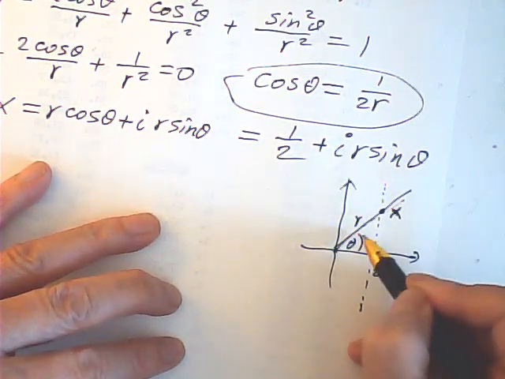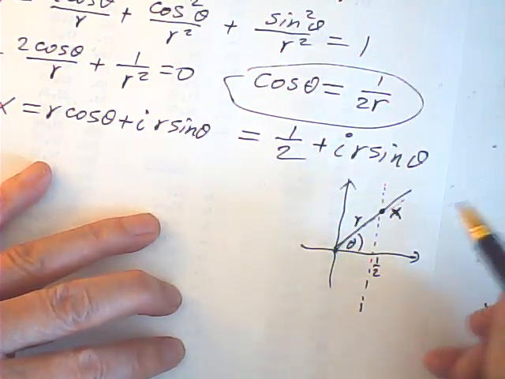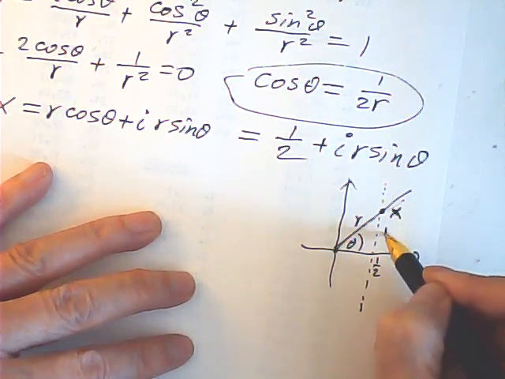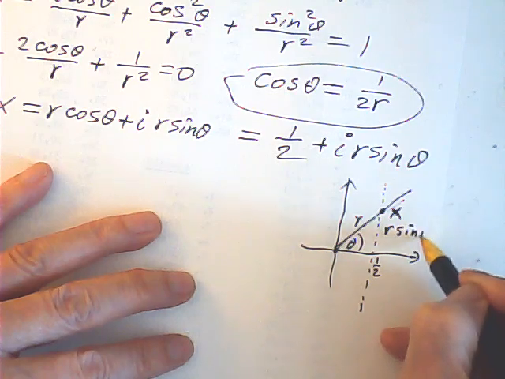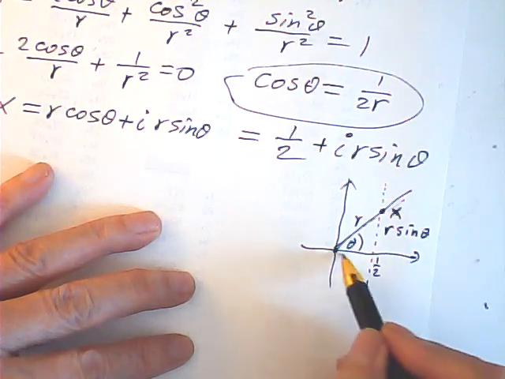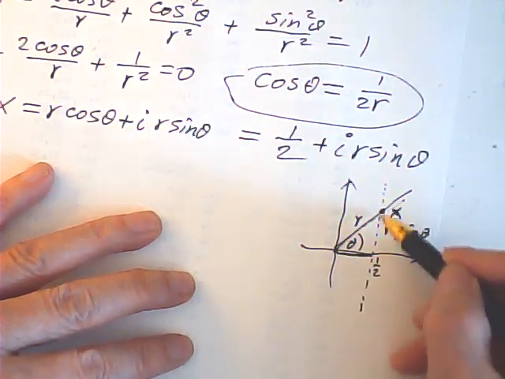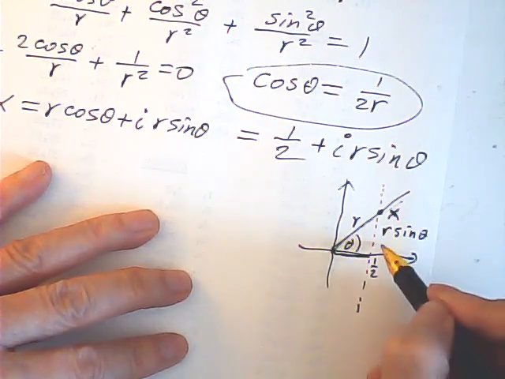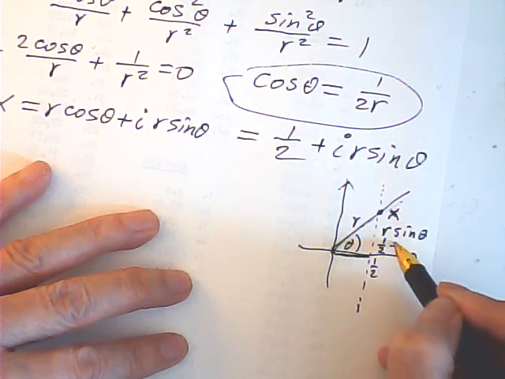r is the modulus. This is the argument. Now, this one is equal to r times sine theta, that's the imaginary part. Because this is half, this vertical line could be 1/2 times tangent theta.